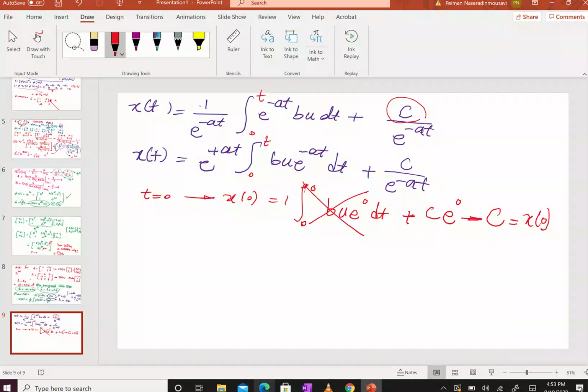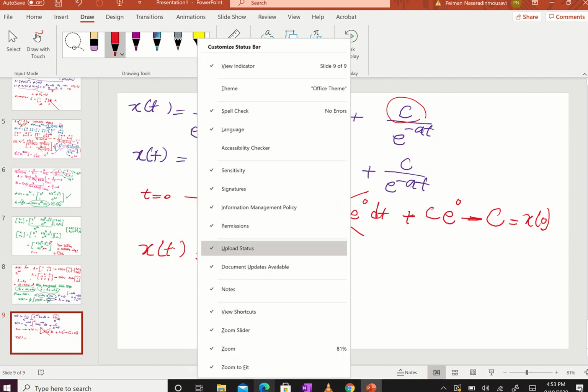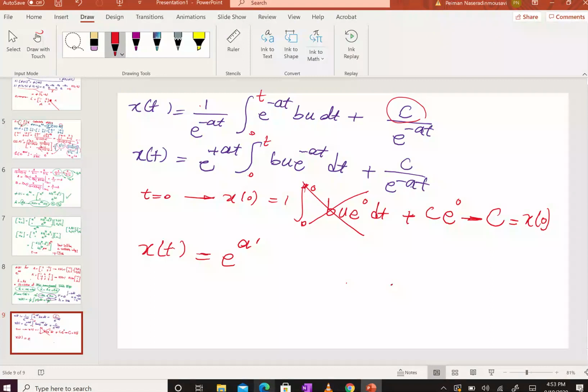So the general solution for that differential equation is going to be e to the at, integration from 0 to t of e to the minus a tau, Bu d tau. I'm just changing the variables to make a difference between this time and this, because we're integrating here.